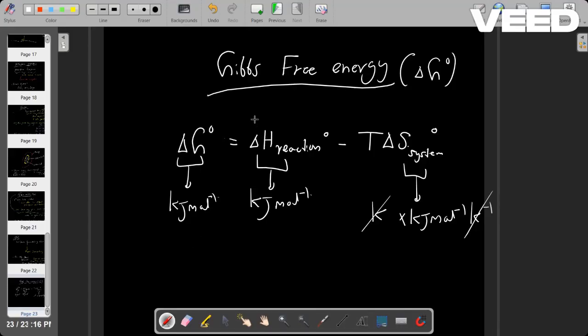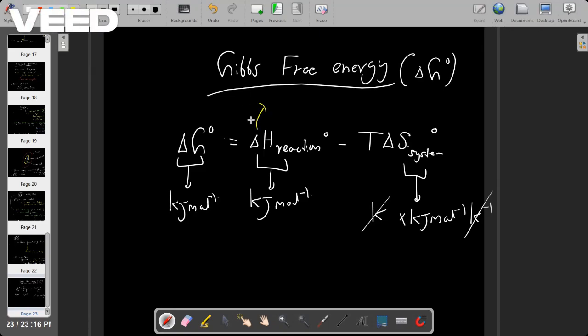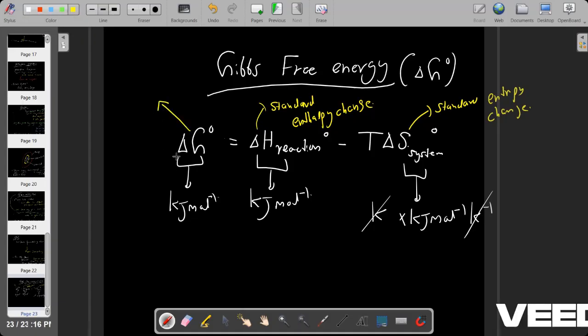So you know now the labels. This is the standard enthalpy change. This is the standard entropy change of the system. This is the standard Gibbs free energy change.